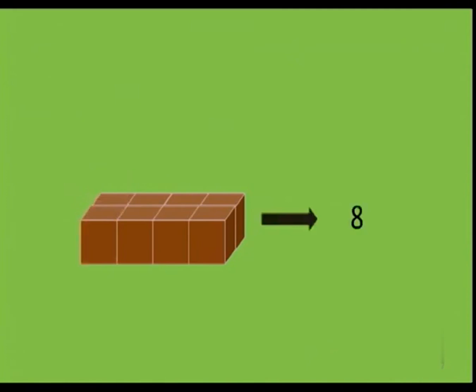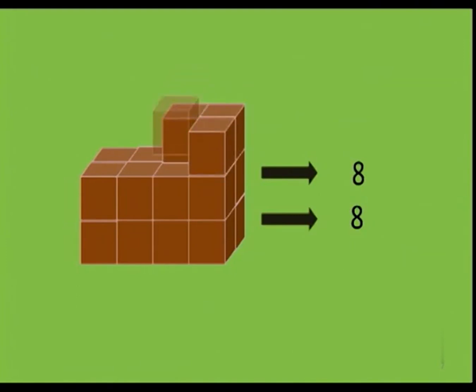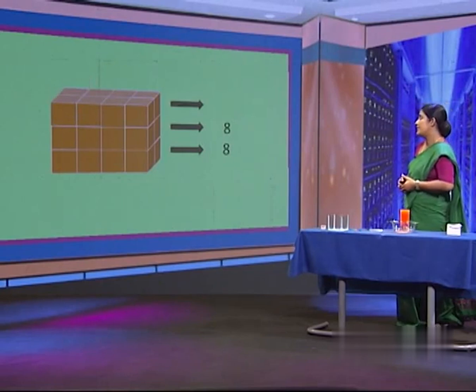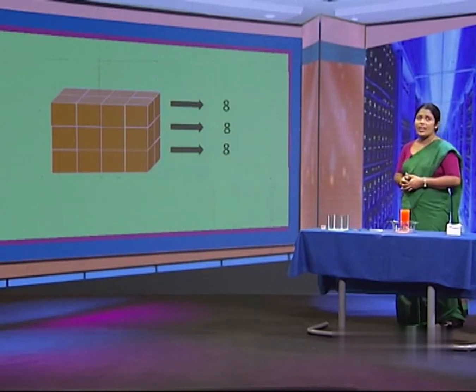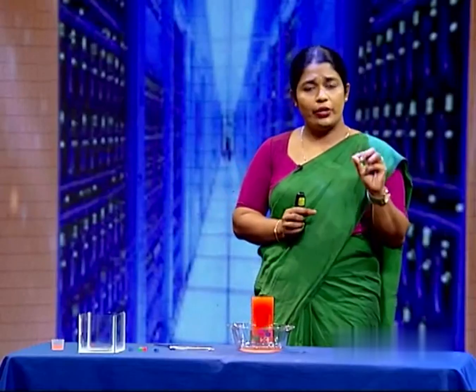This is the second layer. 1, 2, 3, 4, 5, 6, 7, 8. There are 8 cubic units in the second layer also. This is the third layer. 1, 2, 3, 4, 5, 6, 7, 8. There are 8 cubic units in the third layer also. Now tell me, how many cubic units are there?